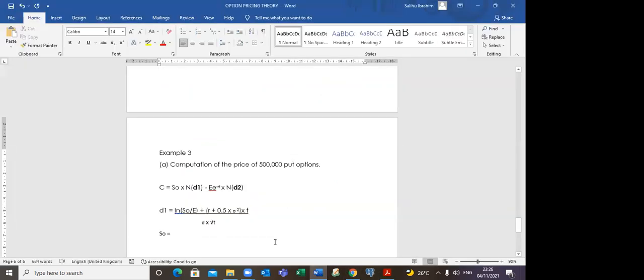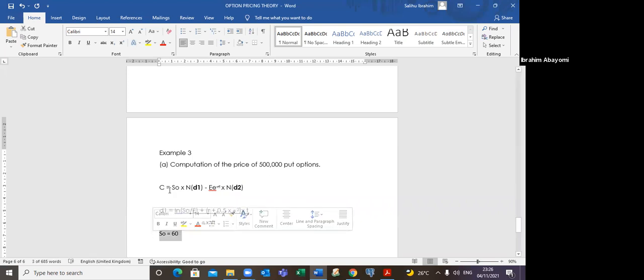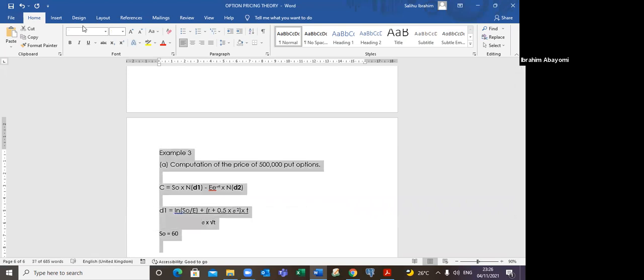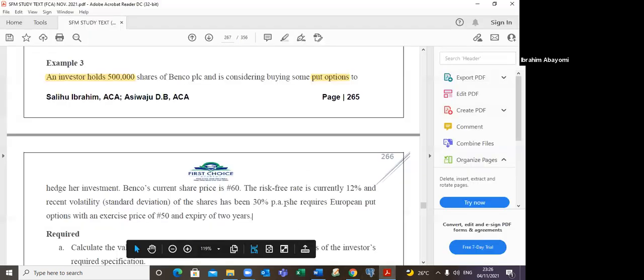So please, what is the price of the asset, which is 60? That is the present price. What is the exercise price? The exercise price is 50, volatility 30, 2 years maturity. What's the risk-free rate? 12%.